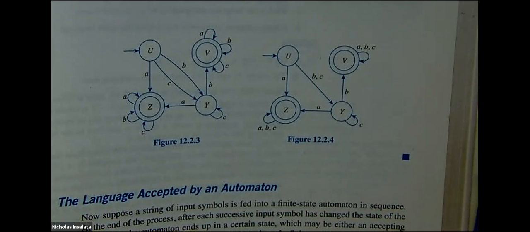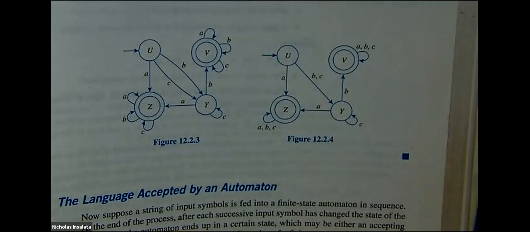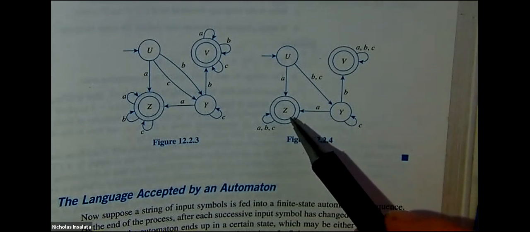So the first part is similar to the last one, right? How do you get trapped in Z? So to get trapped in Z, what do you have to have in your string?